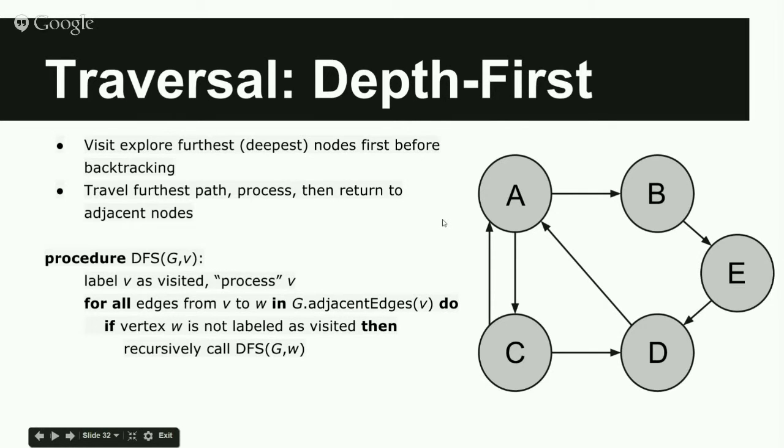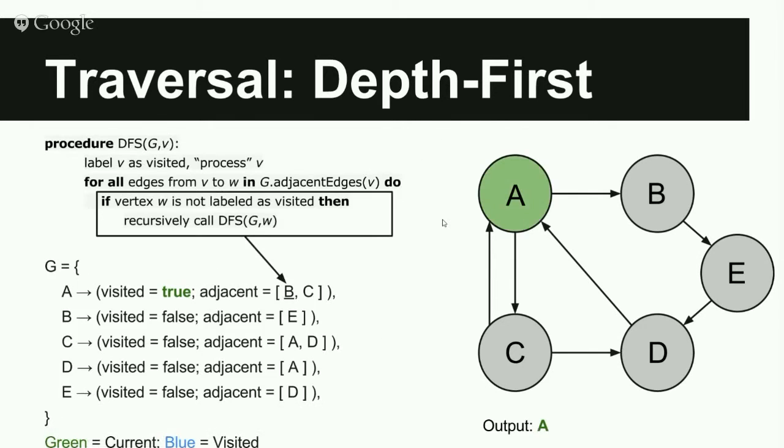All right, getting into it. Next slide. So given the graph that we have here, I'm going to start at node A. I want to highlight that I've got a data structure of our graph in this, labeled G. G is a graph with a set of nodes A through E, and every node has a state for whether it's been visited, true or false, and then the set of adjacent nodes to that node.